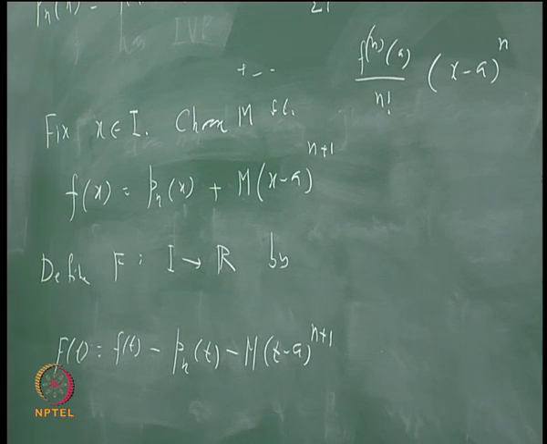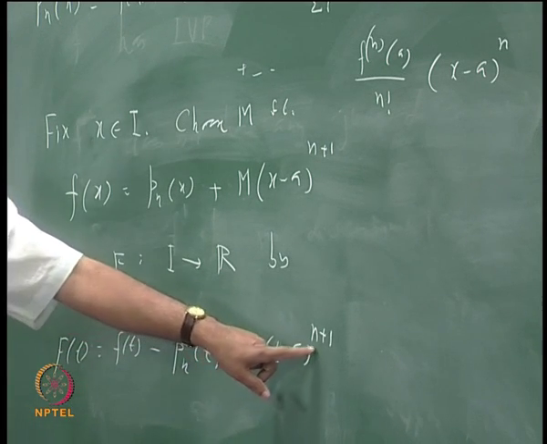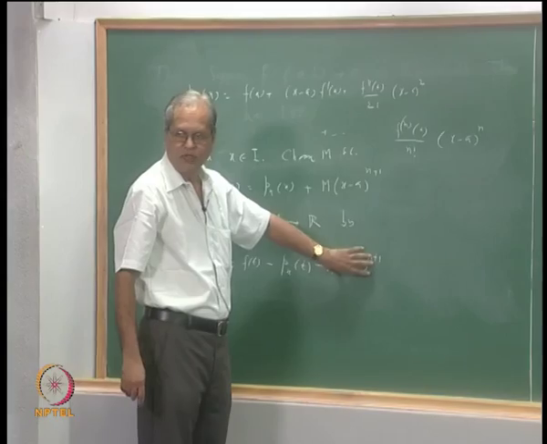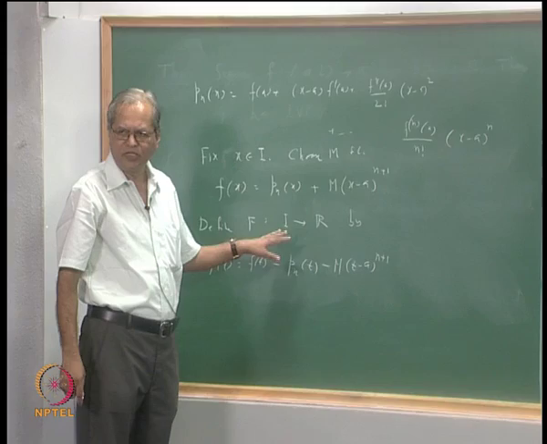Now what can we say about the properties of this function big F? After all, what does this big F depend on? It depends on small f, Pn, and this t minus a to the power n plus 1. In fact, these two are polynomials, so they will have derivatives of as many orders as you want.